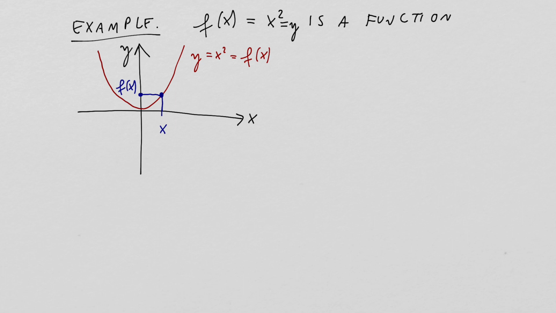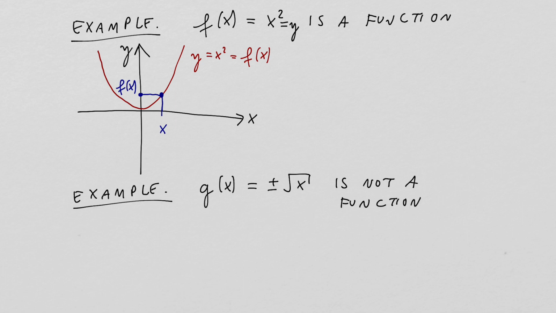On the other hand, if we would try to make a function plus or minus square root of x, we would get its graph by taking the mirror image of the previous function, mirror image with respect to the line y equal to x.